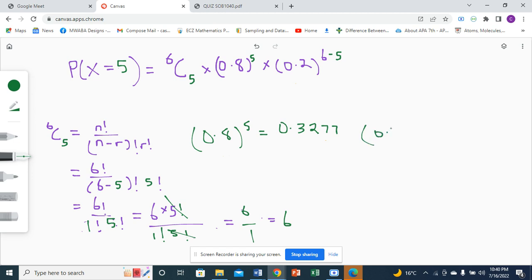Then we've also got 0.2 to the power 1, which equals 0.2. And we do our multiplications. All right. So we're going to have 6 times 0.3277 times 0.2.